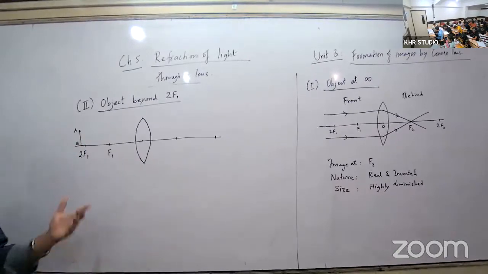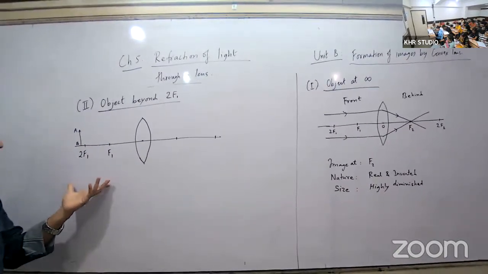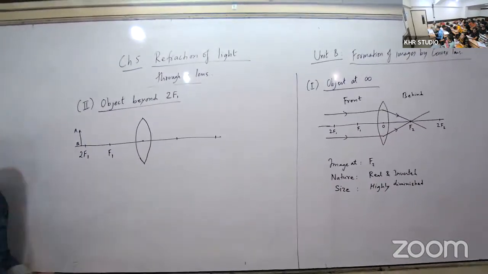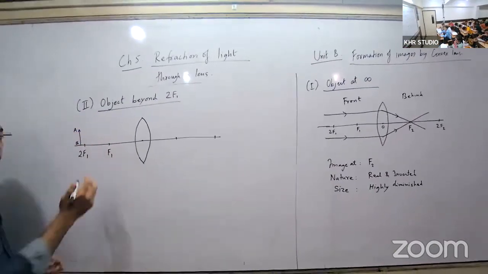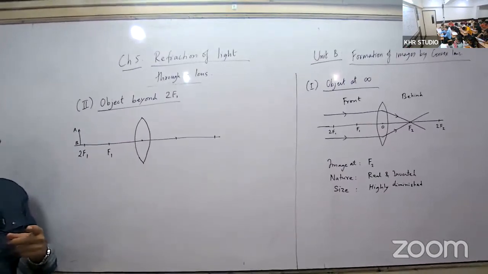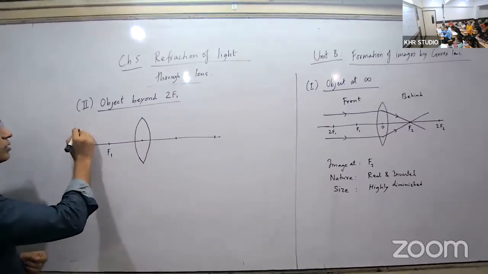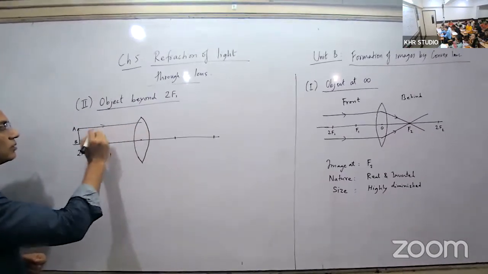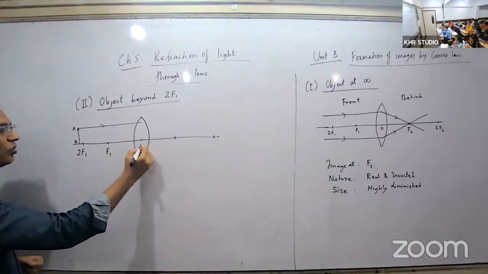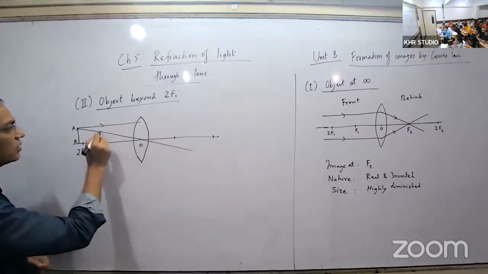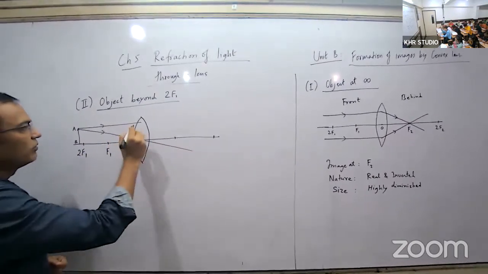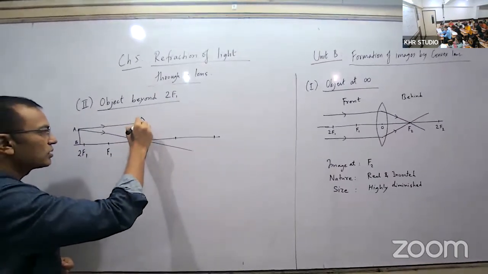So now the object is closer to the lens, right? So we have an object size now. We need 2 rays at least for the image formation. One is parallel, another you can pass through the optical center. It will pass undeviated, right? And the one which is parallel will pass through the focus.